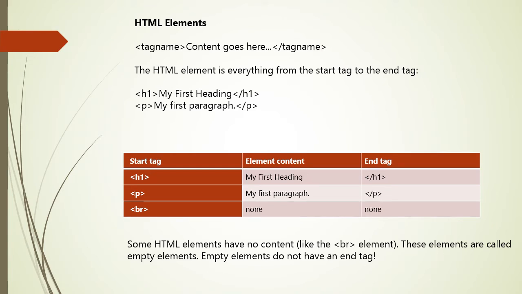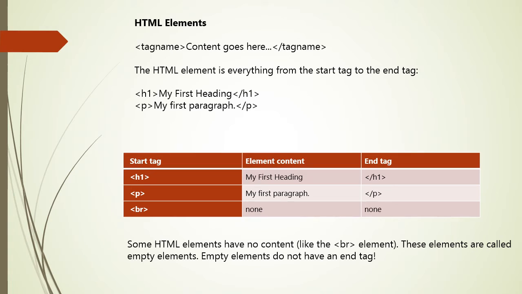Consider what HTML elements are. An HTML element is defined by a start tag, then some content, and the end tag. So the syntax is this way: tag name, content goes over here, and then we close it by /tag name. An HTML element is everything from the start tag to the end tag. For example, h1 my first heading /h1, p my first paragraph /p.